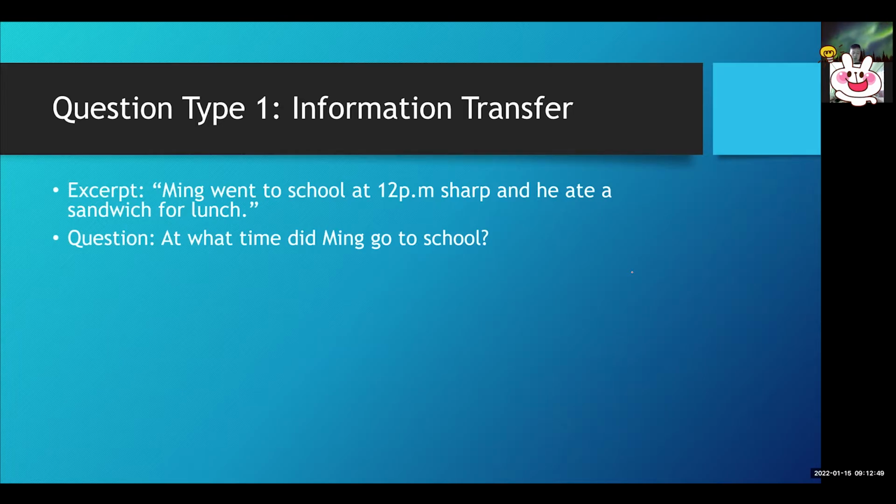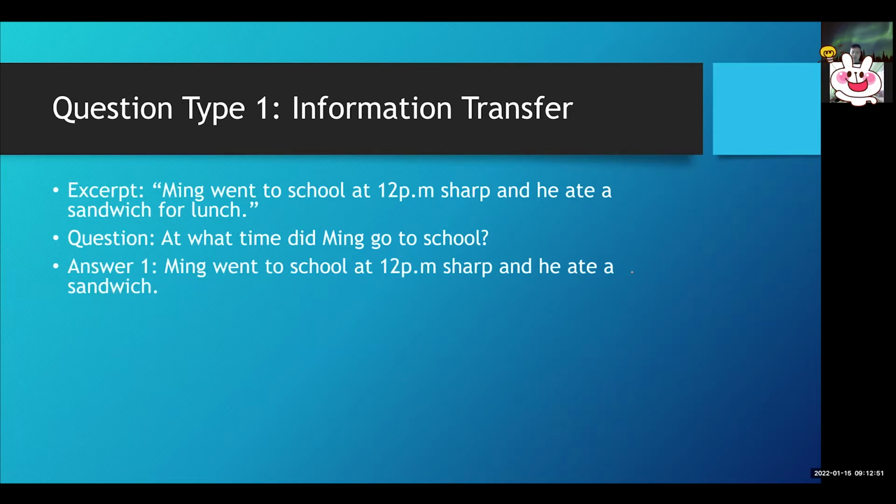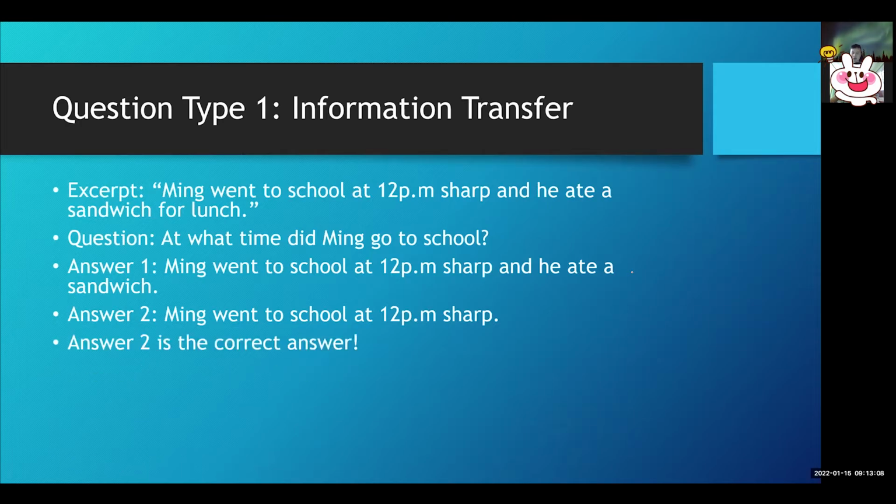And this is not required. So the first answer is you copy and paste. Second answer, you just say Ming went to school at 12 p.m. sharp. So which is the correct answer? 1 or 2? Number 2. Number 1 is the copy and paste. Don't copy and paste. You understand?